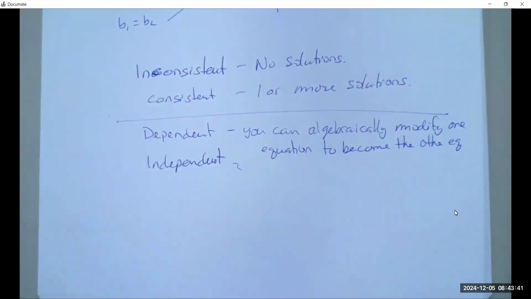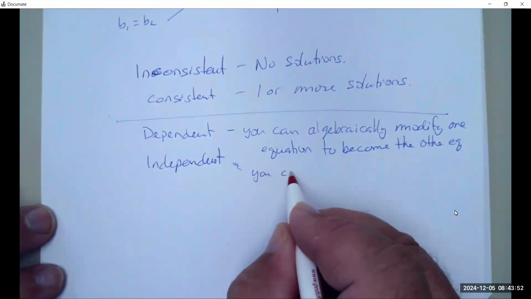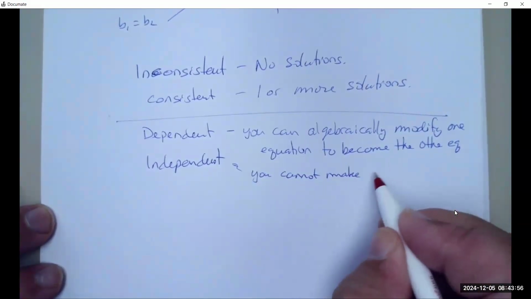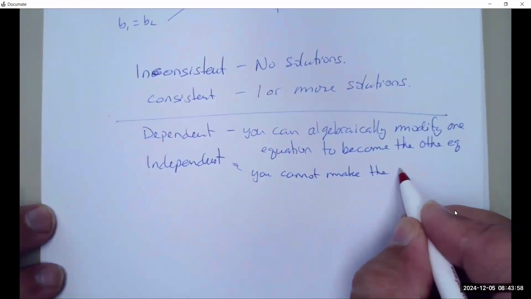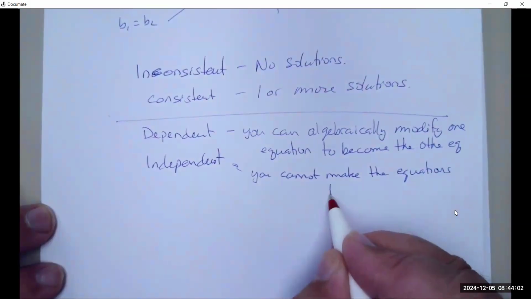Independent means they're independent. They're themselves. So independent means you cannot make the equations the same.